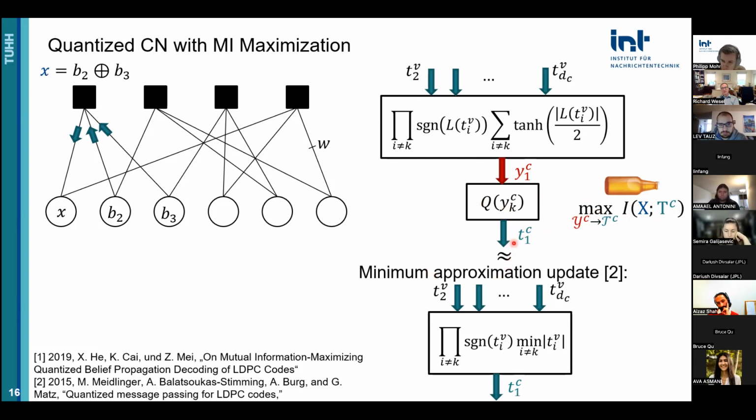But in practice, often you don't use this update because there exists a more simple update, which is known as the min approximation, which avoids high resolution numbers completely. And I gave it here as a hint because it's very important for practical implementations.